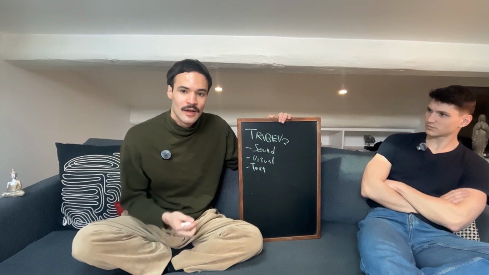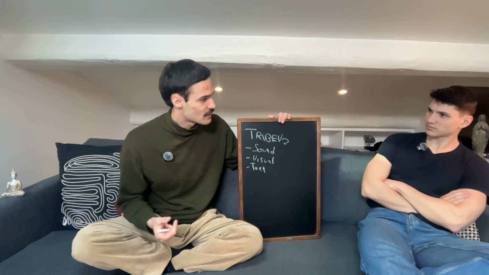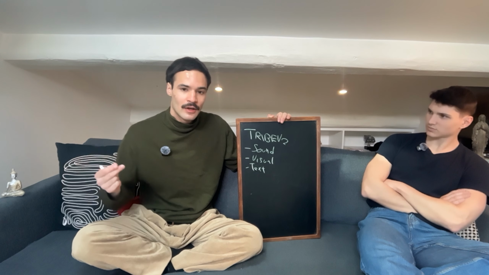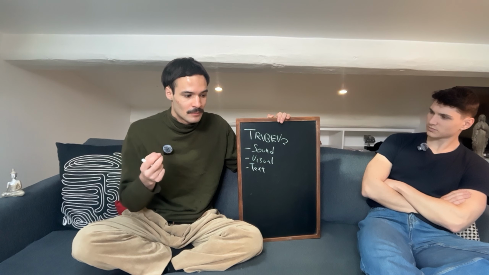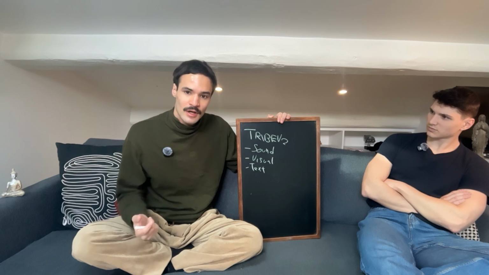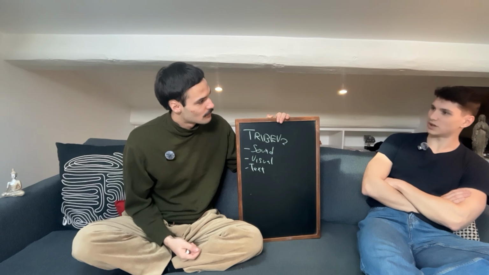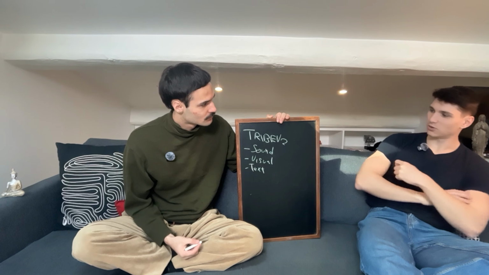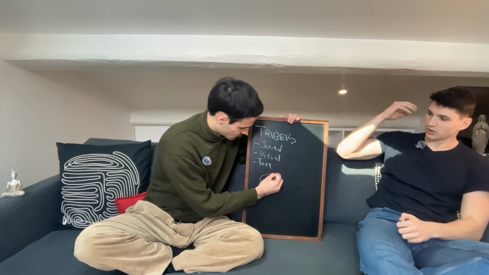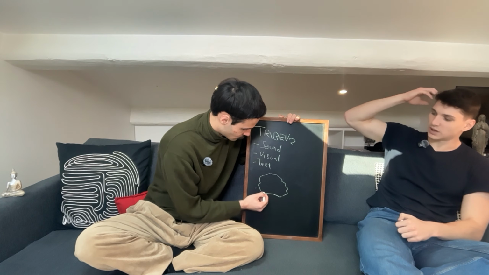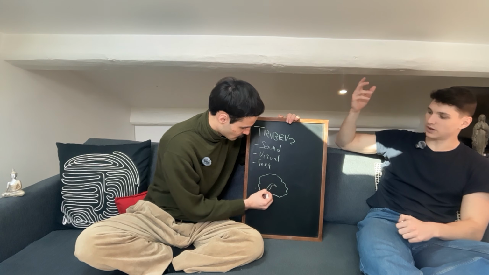So fMRI is functional magnetic resonance imagery. It's a measure of the different levels of oxygen in the blood in the brain. So the hemodynamic, right? Yeah, exactly. How much oxygen is transferred to neurons when an area of the brain is activated by a stimulus.